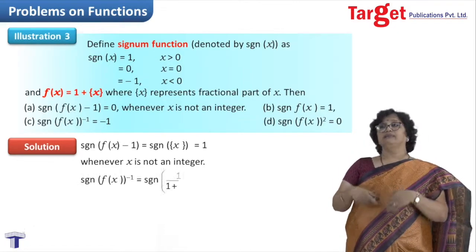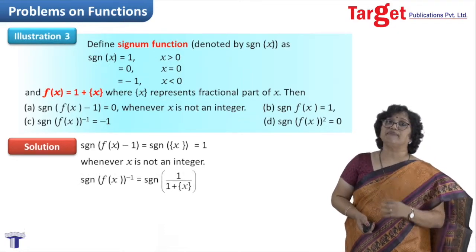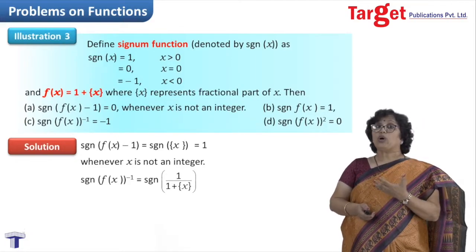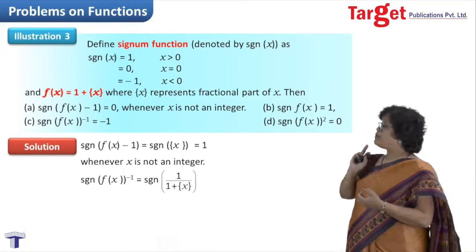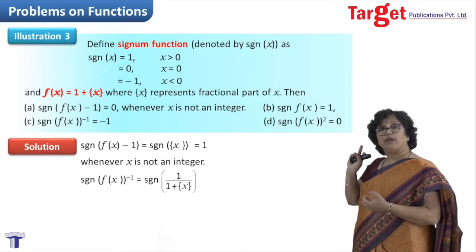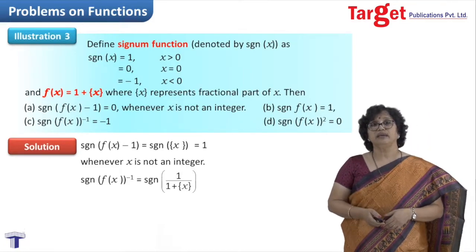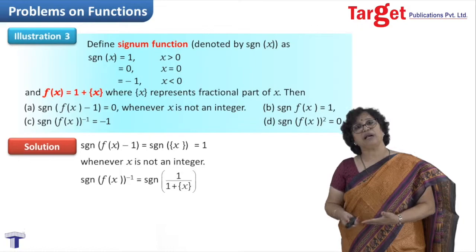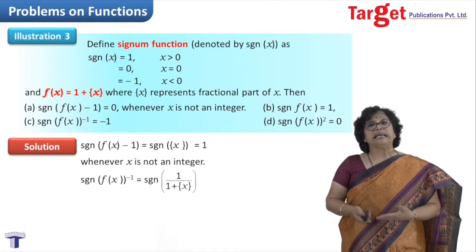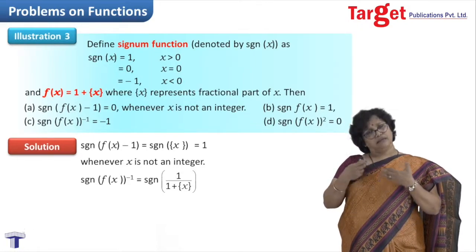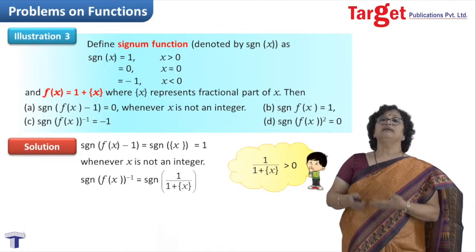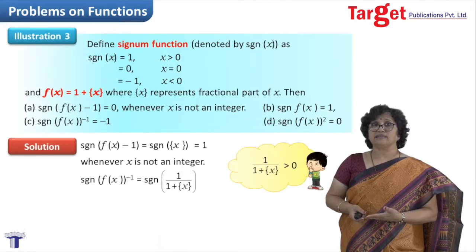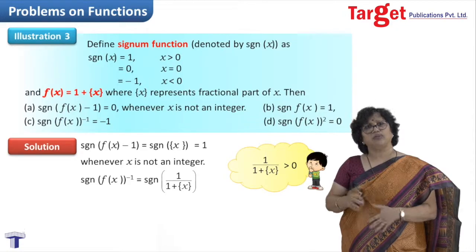Now I try the next one. I find Signum function on the reciprocal of f(x). And the reciprocal of f(x) means 1 upon 1 plus fractional part of x. Now 1 plus fractional part of x is surely greater or equal to 1. And 1 upon 1 plus fractional part of x is positive.